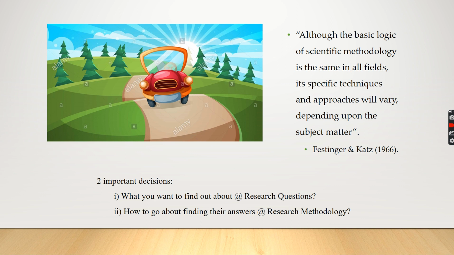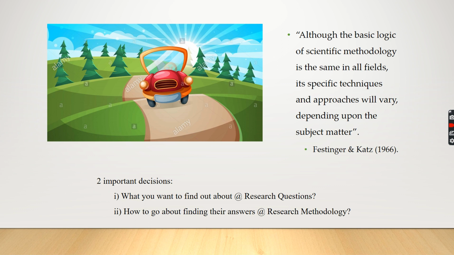Similarly, juxtaposing the same concept in your research journey, first and foremost, you have 2 important decisions to make. First is what you want to find out about, or in other words, what we call research questions.